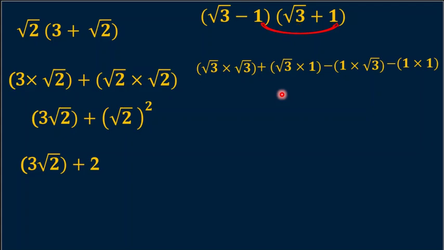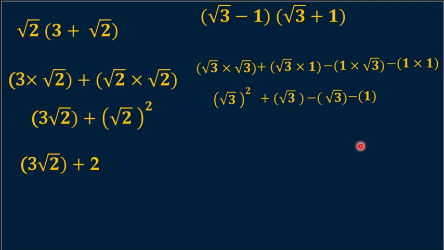Okay, now that we have this, we can multiply root 3 times root 3, and that is root 3 squared, and we know what that will become even before we go further. Plus root 3 times 1, that is root 3, minus 1 times root 3, that is also root 3, and then 1 times 1, that is 1, minus 1 times 1.